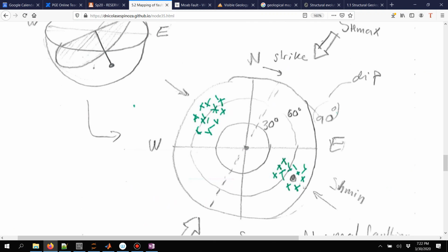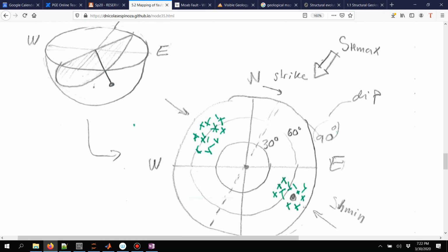For example, if I were to have a vertical fracture, that would mean that this pole would intersect the lower hemisphere somewhere over here on the border of the lower hemisphere. So that would be a dot somewhere over here.